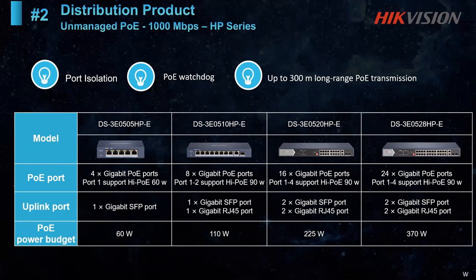Going through this table, you can see the number of ports increases as you go from the left end to the right end, as well as the uplink ports and the PoE power budget of the switches. So you can go through the datasheets and find the optimal switch for your requirement.